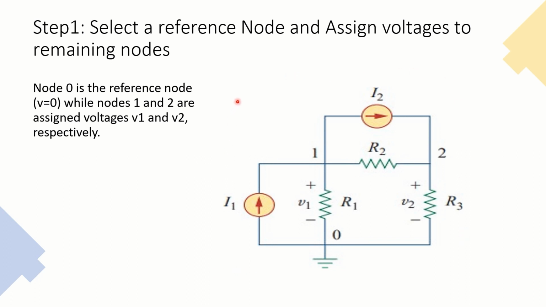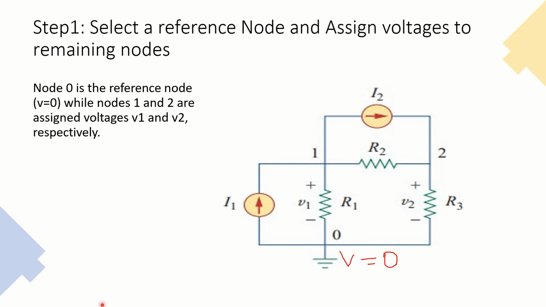This is a circuit where we need to find the voltages across node 1 and node 2. Remember, step 1 was to assign a reference node. So we can assign node 0 as the reference node, and the voltage across node 0 will be 0 volts. Now we are done with the first step.